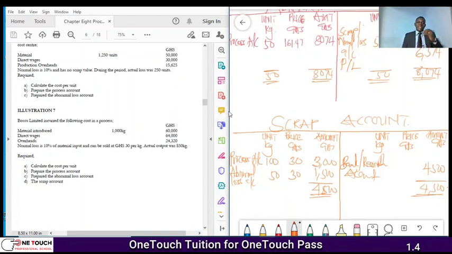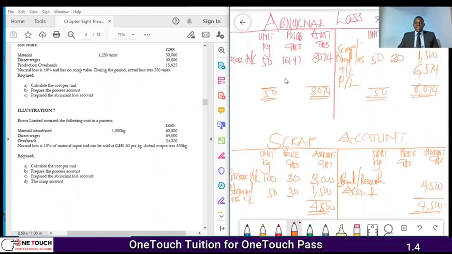Good. However, where there's an abnormal loss or abnormal gain, those are not expected, and therefore they are valued at the average cost per unit of the good production. However, if they can be sold for something small, that value is used to reduce the loss. Okay, good. And a typical example is what we have looked at here.